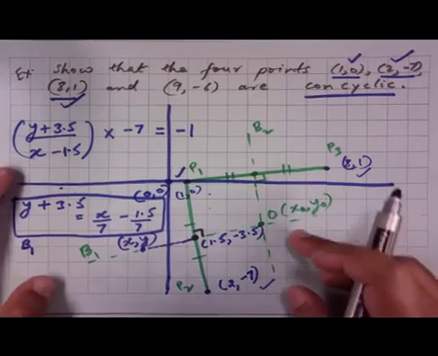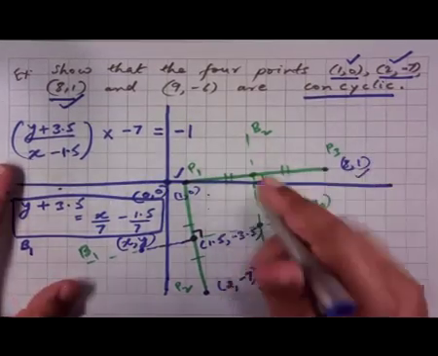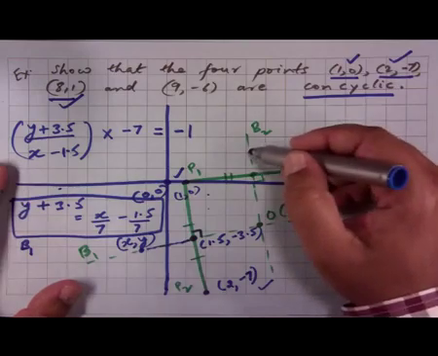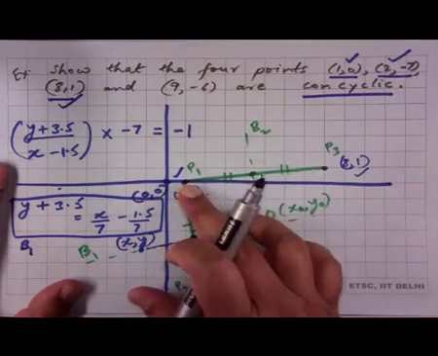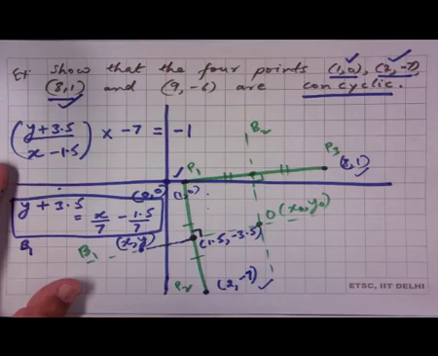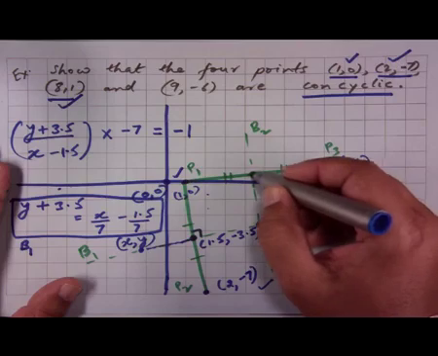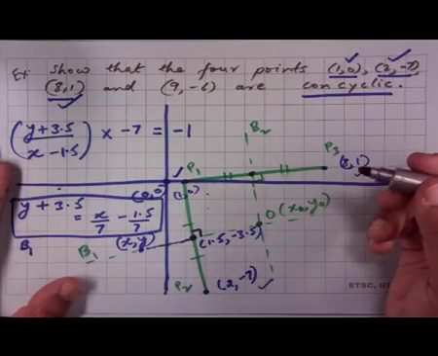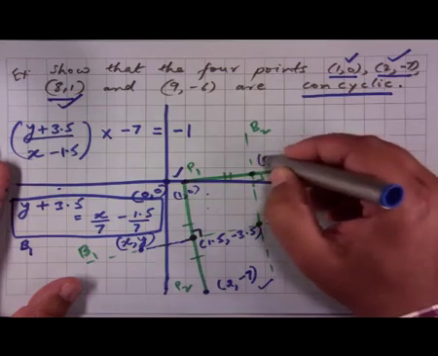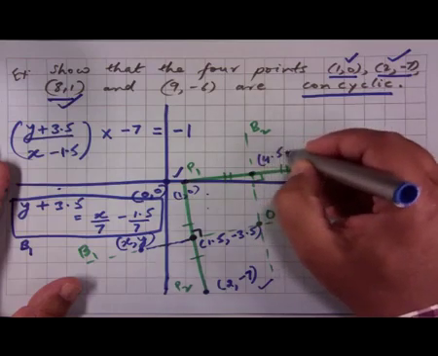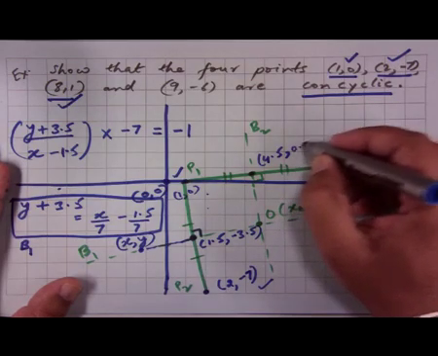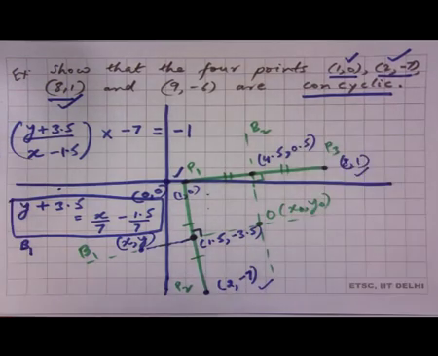In a similar manner, we will find the equation of the perpendicular bisector of this other chord P1, P3. The coordinate of the midpoint of this chord will be (4.5, 0.5).